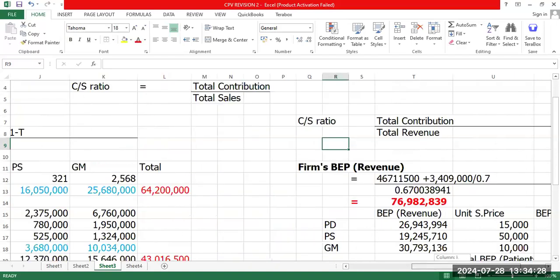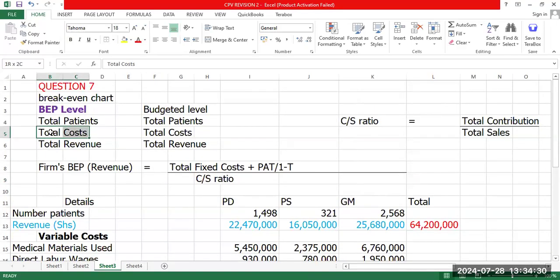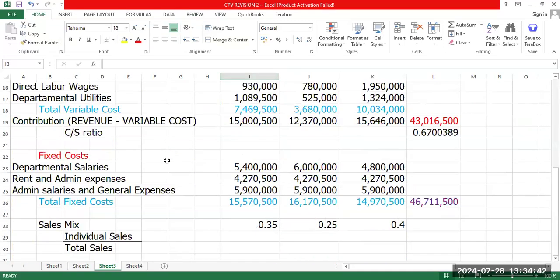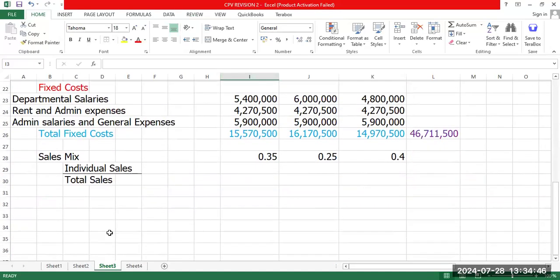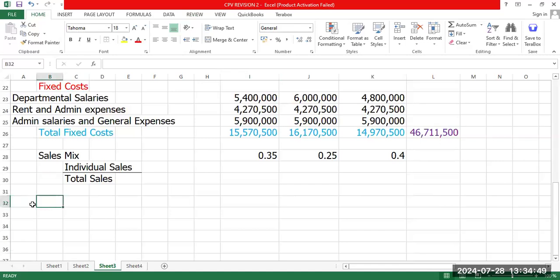Then what else? We need also now total costs. Do you recall how we get total costs? Variable cost plus fixed costs. So the next burden is to get total costs. How do you get total costs?